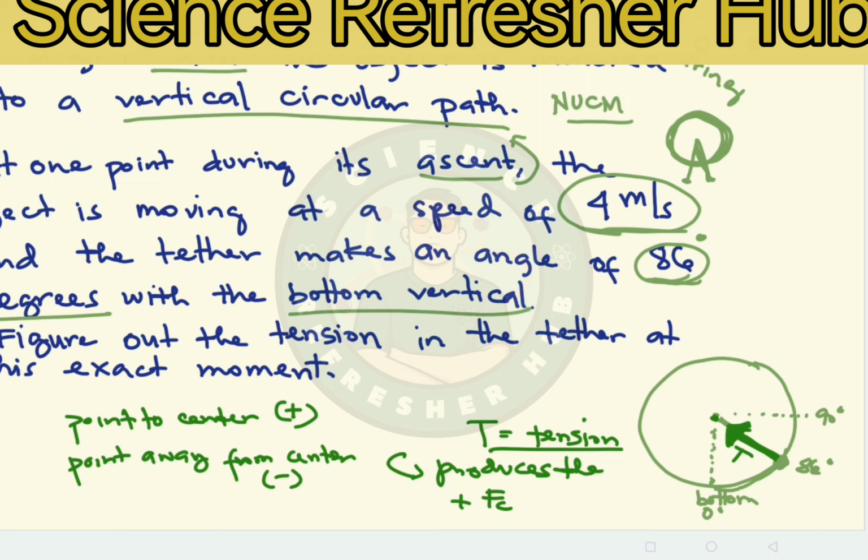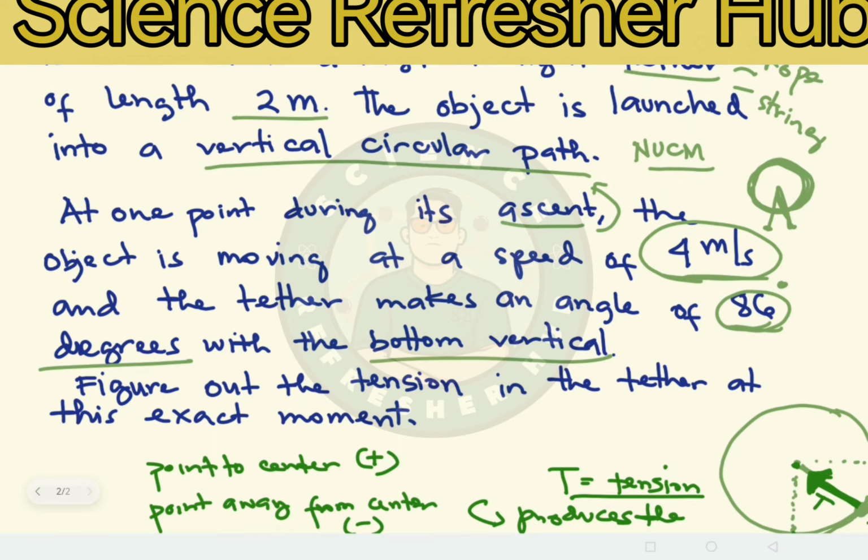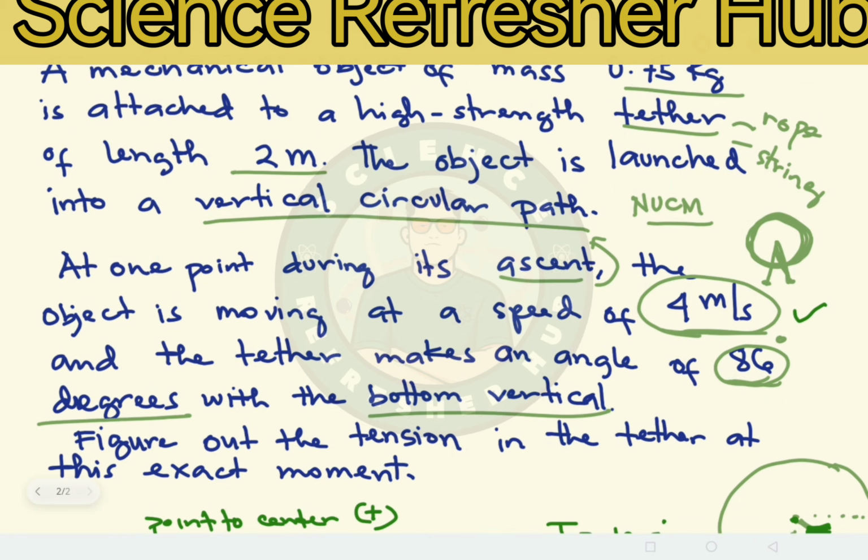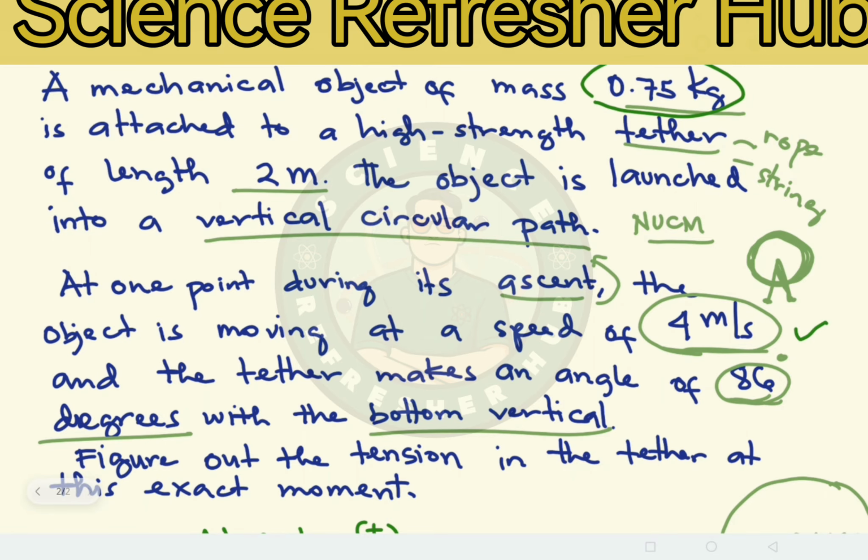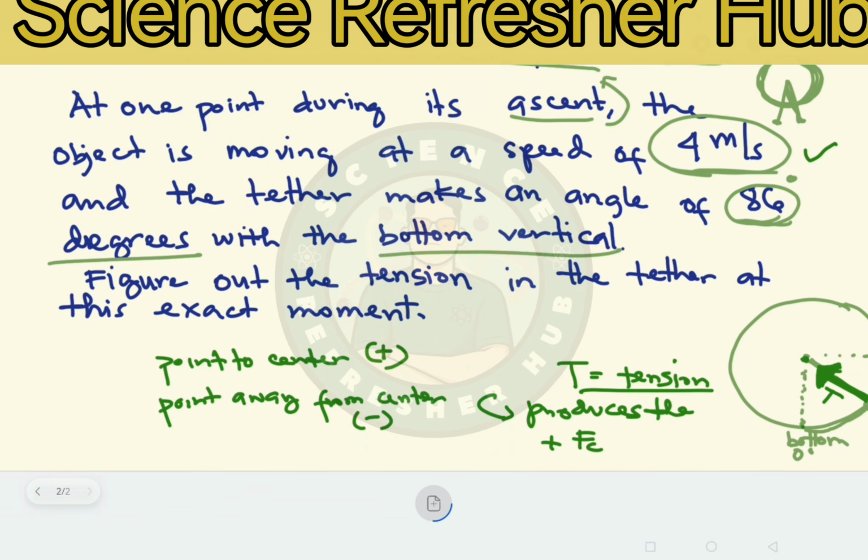So let's find the tension force at this particular moment at 86 degrees with respect to the bottom vertical, and we have a velocity of 4 meters per second, and the mass of our object is 0.75 kilogram, and the radius is 2 meters.